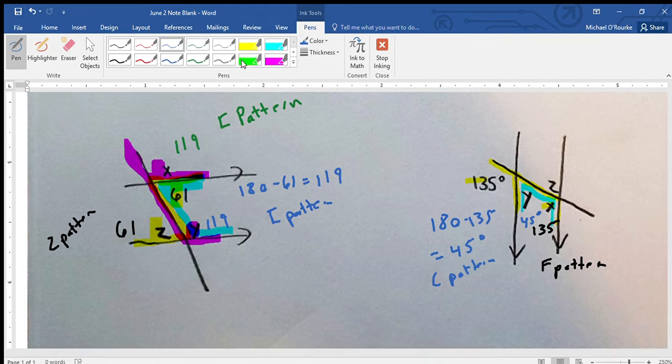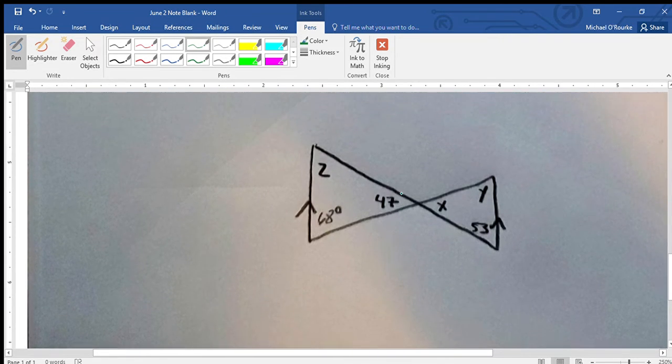And then I use my Z here, here, here. So that would mean this is 45 degrees. And that was Z pattern. And once you get used to seeing things in different ways, you'll see the answer a little quicker.